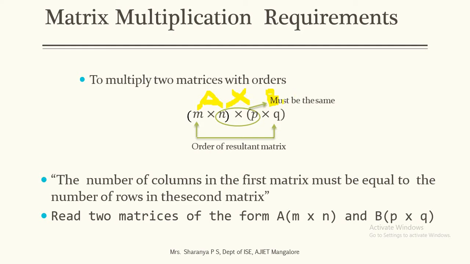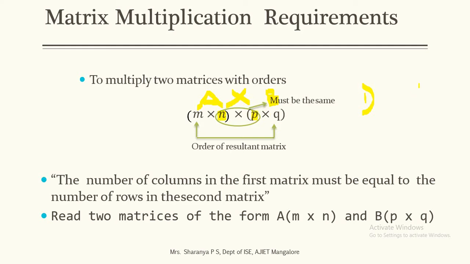So what is the major condition we need to satisfy? If we want to perform matrix multiplication, then the first rule to satisfy is that the number of columns of the first matrix must be equal to the number of rows of the second matrix.